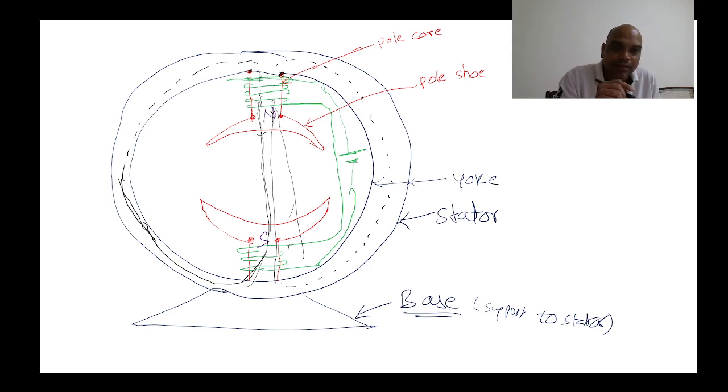Second point: it provides a closed path for the magnetic field flux lines. Clear?